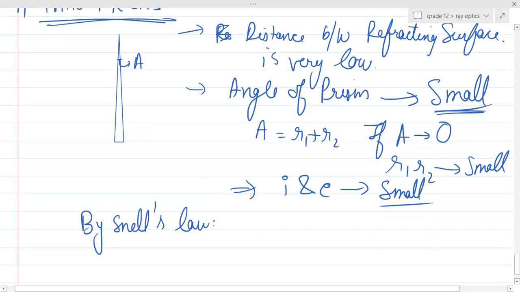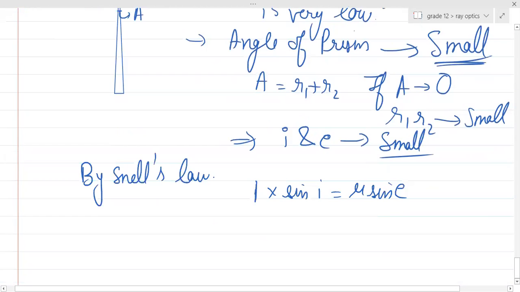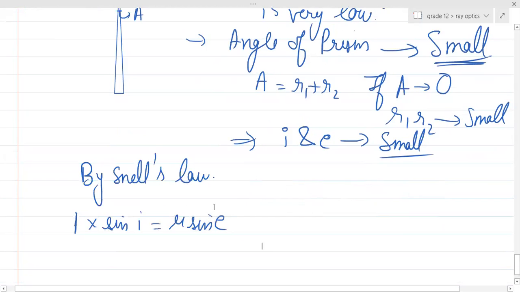By Snell's law, we know this particular thing already. I'm not drawing the whole diagram, obviously. 1 into sine I is equal to mu into sine R1. Can I write this? This is the first equation. And similarly, 1 into sine E will be equal to mu into sine of R2, right?